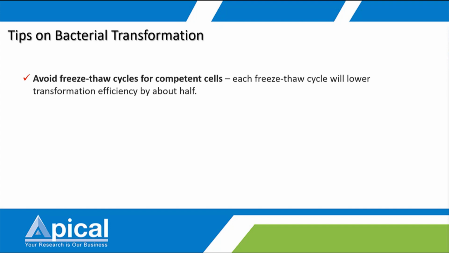Too many freeze-thaw cycles will lower the transformation efficiency, because the competent cell is actually quite weak. It is weak because there are already pores in the cell membrane, so if you freeze-thaw it many times, the cell will die.